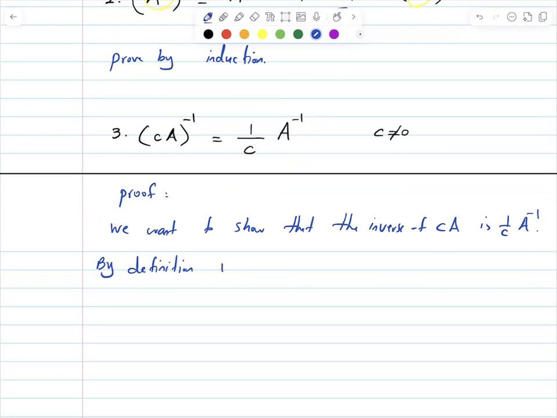By definition, we need to show that their product is the identity matrix.